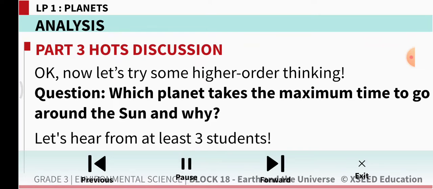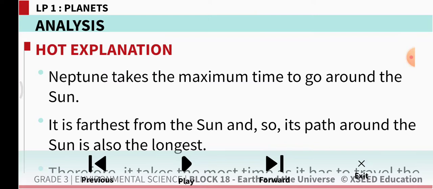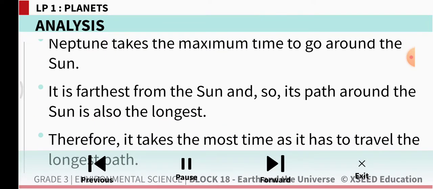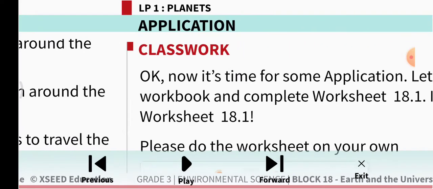Which planet takes the maximum time to go around the sun and why? Neptune takes the maximum time because it is the farthest from the sun, and so its path around the sun is also the longest. Therefore, it takes most time as it has to travel the longest path.